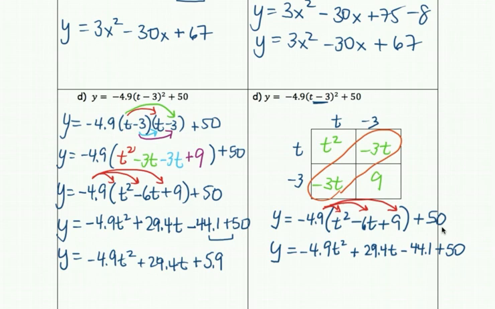Double checking the calculations here: 4.9 times 6 is that, and 4.9 times 9 is that. Okay, so we're good. The last step is these are like terms, so we have to clean those up. Let's rewrite it, like that with 5.9, okay?